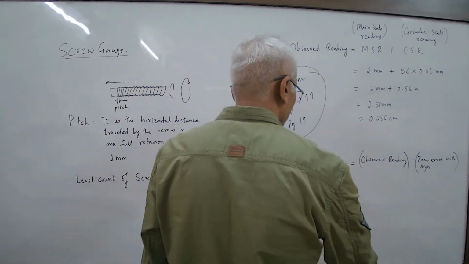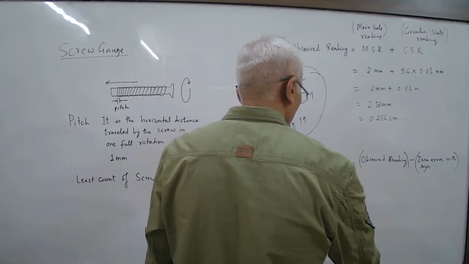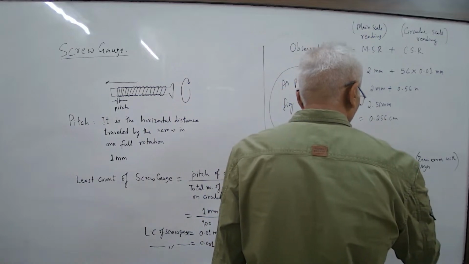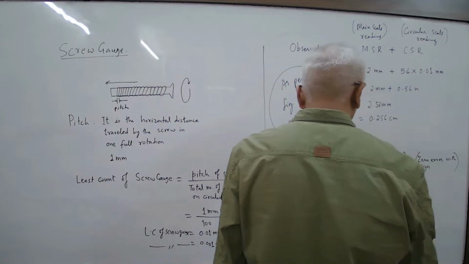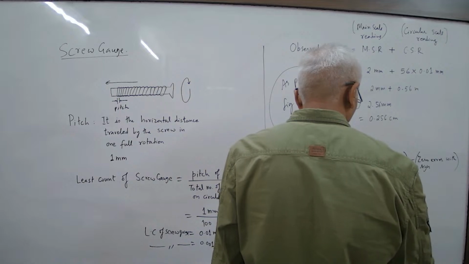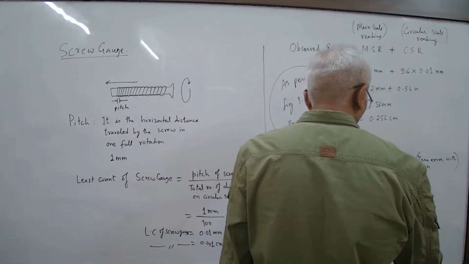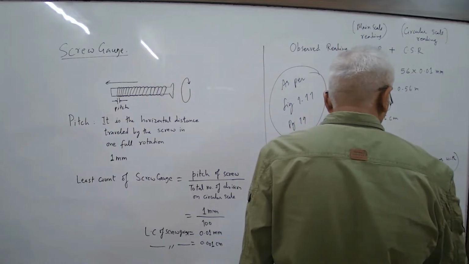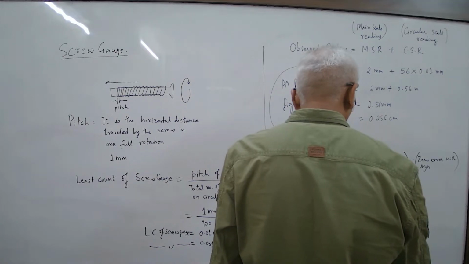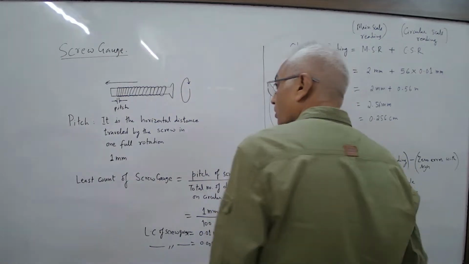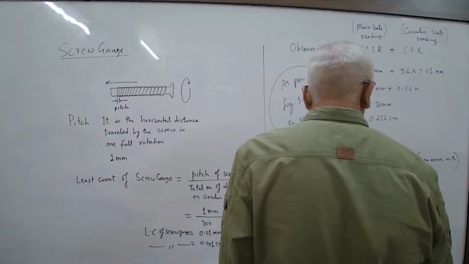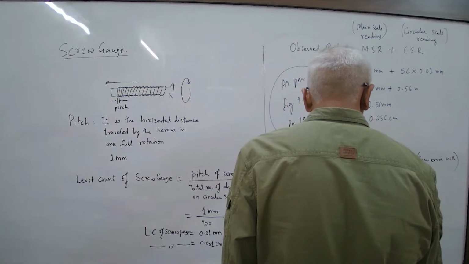So zero error means no zero error: zero of zero mark of circular scale coincides with baseline when the screw touches the stud. The screw at the head, what is it called?